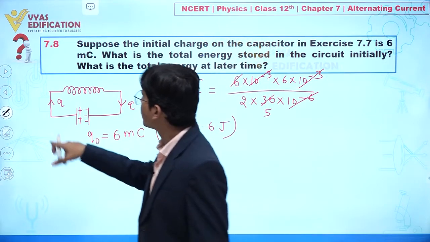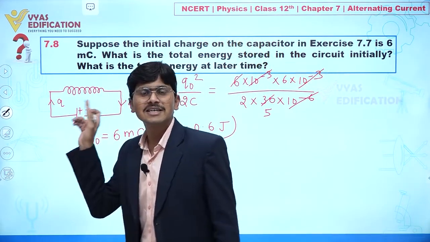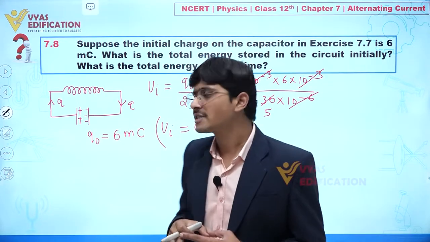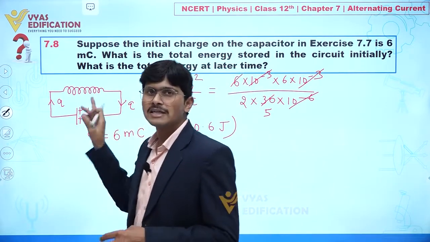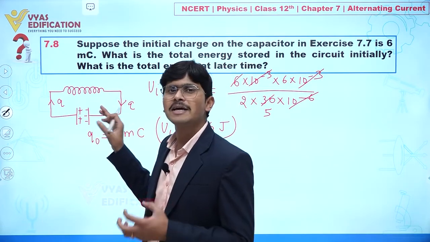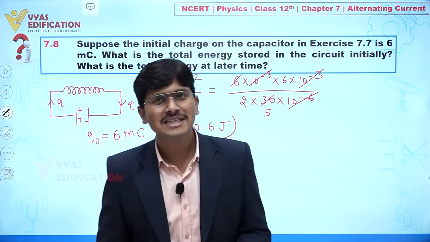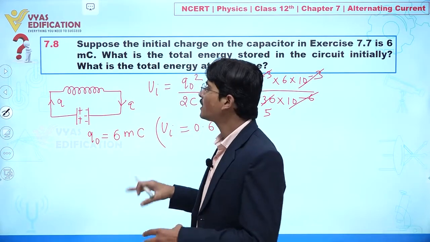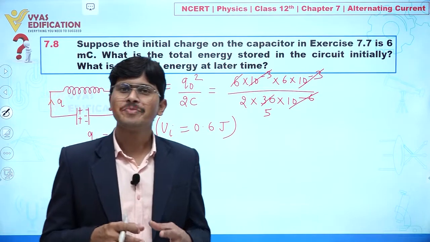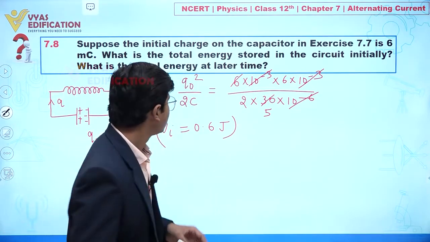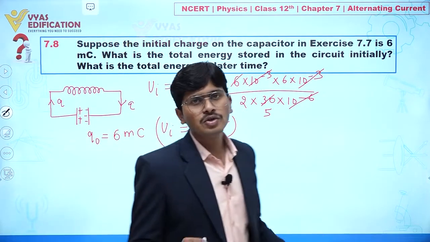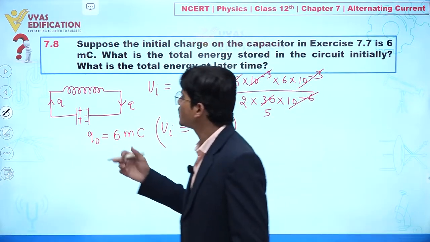So actually you will find oscillation of charges. If we take the total as a system, some of the energy is shared by the capacitor, and some of the energy is shared by the inductor. Clear? But the total energy of the system always remains the same. So if we have initial energy 0.6 joule, you can ask, sir, what about the energy initially in the inductor?